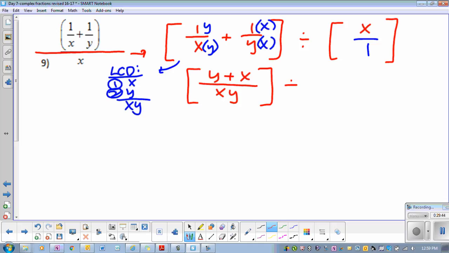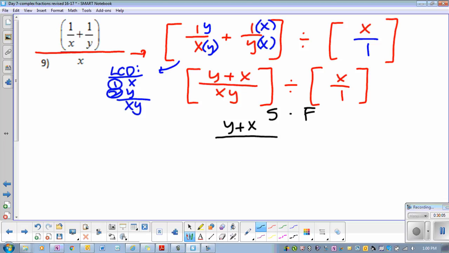So divided by x over 1. Now what, guys? Flip. Good. Same times flip. You can flip it, but don't forget, now you're multiplying. So the first one is y plus x, or x plus y, over xy, times 1 over x.